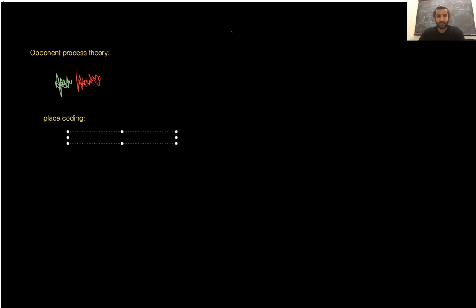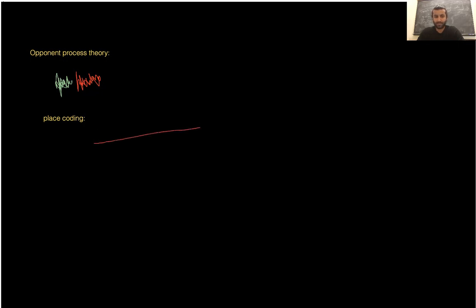The place coding theory explains that our basilar membrane is responsible for detecting the frequency and sending signals to the brain, so that we ultimately hear. Different frequencies activate different places on the basilar membrane.